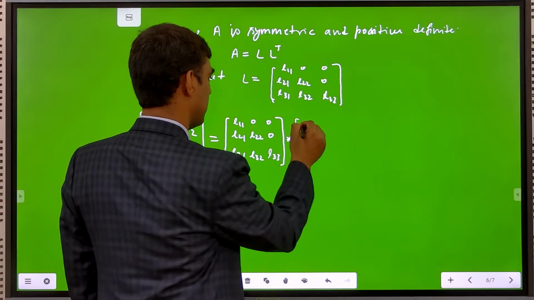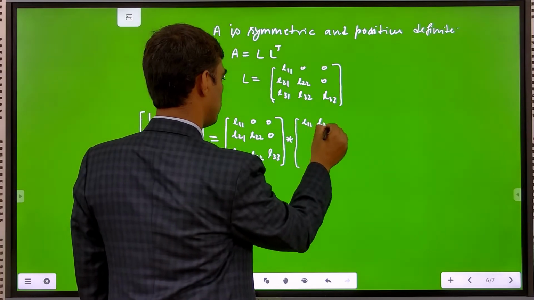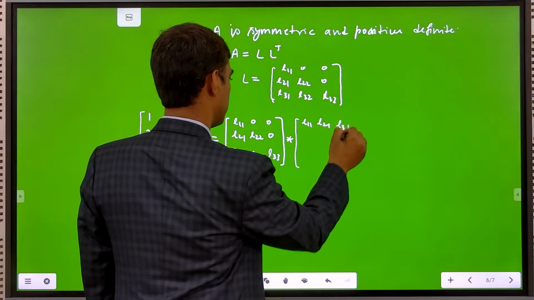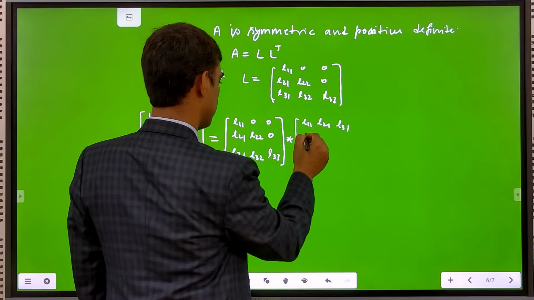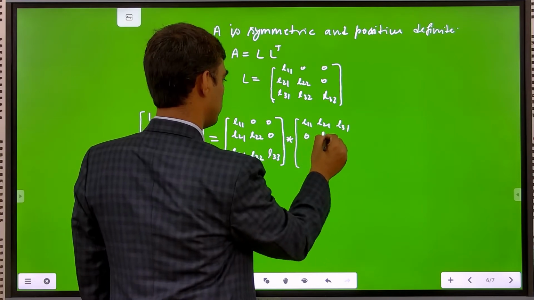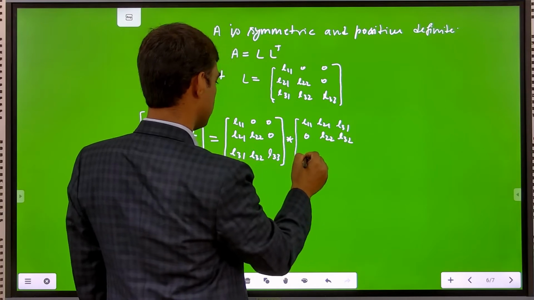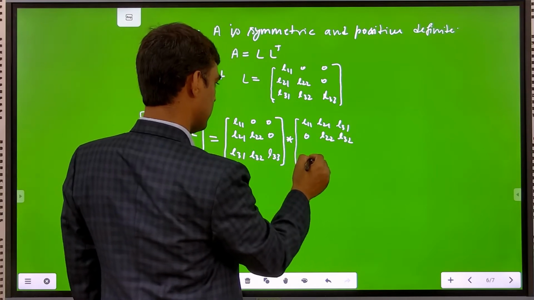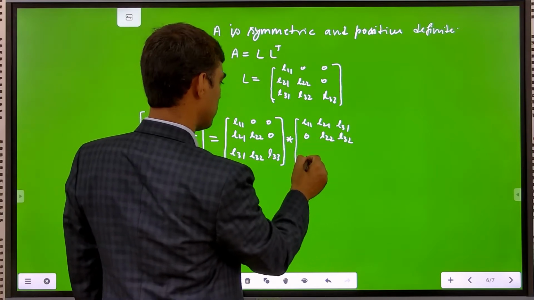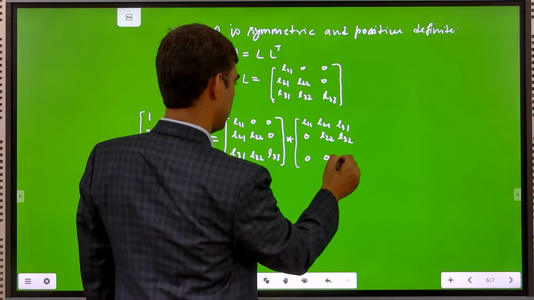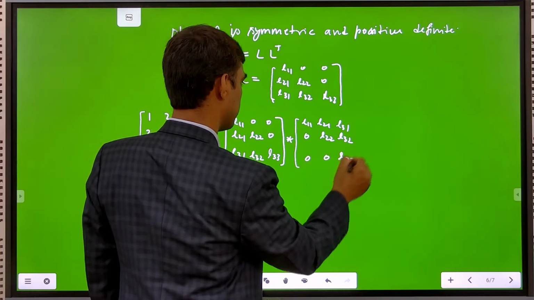Here we write L11 L21 L31, and the second row becomes 0, L22 L32, and again the third row 0 0, and this one is L33.